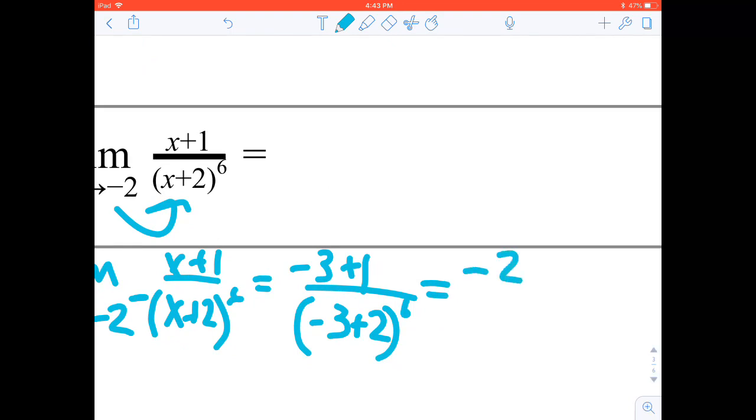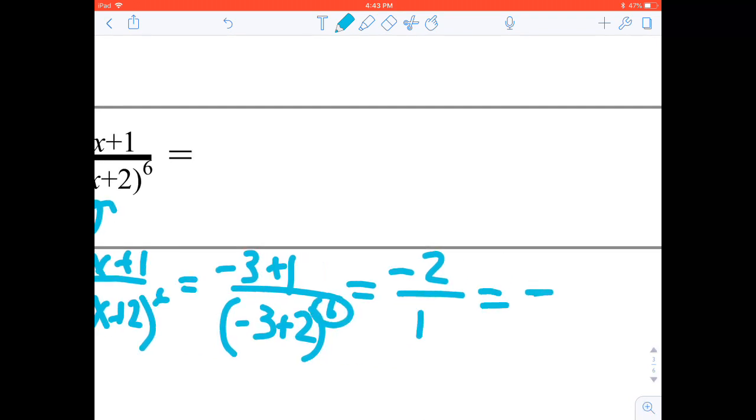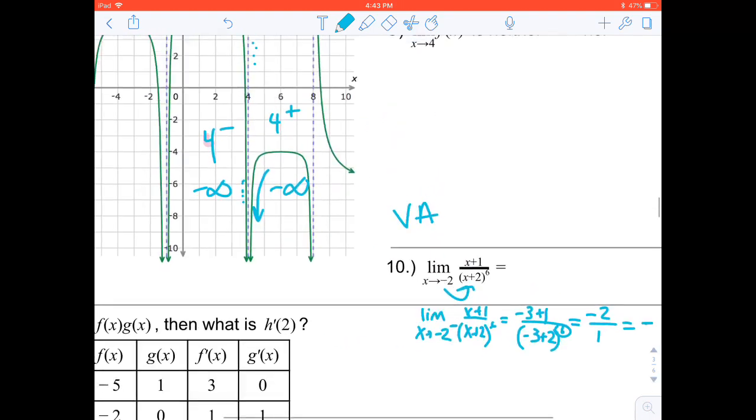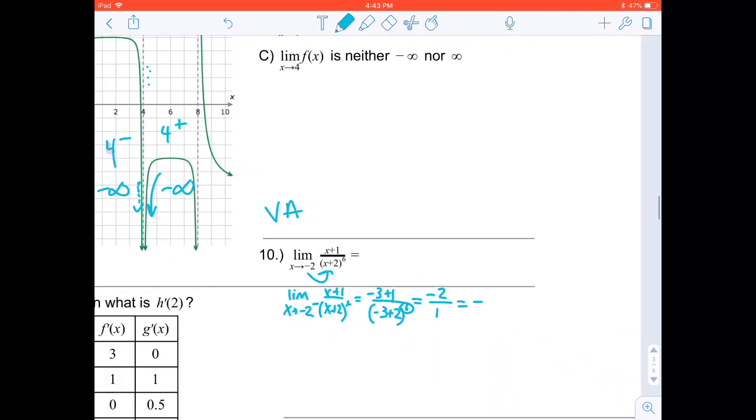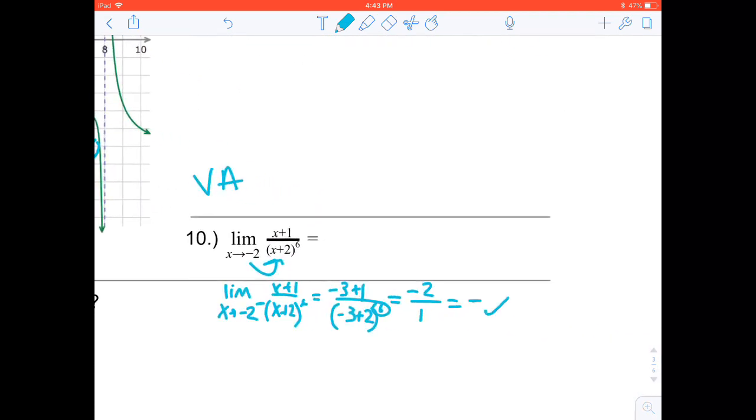This is going to give us negative 2 over a positive 1, because this is an even degree, which gives us a negative value. So this is telling me, kind of like this example here, that on the left side, since I got a negative y value, all of the other y values are going to be negative. So it's going down towards negative infinity on the left side.